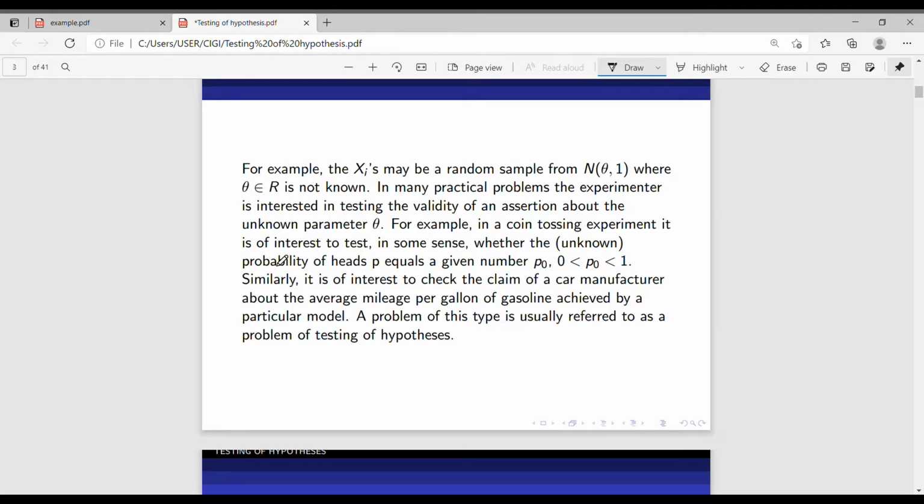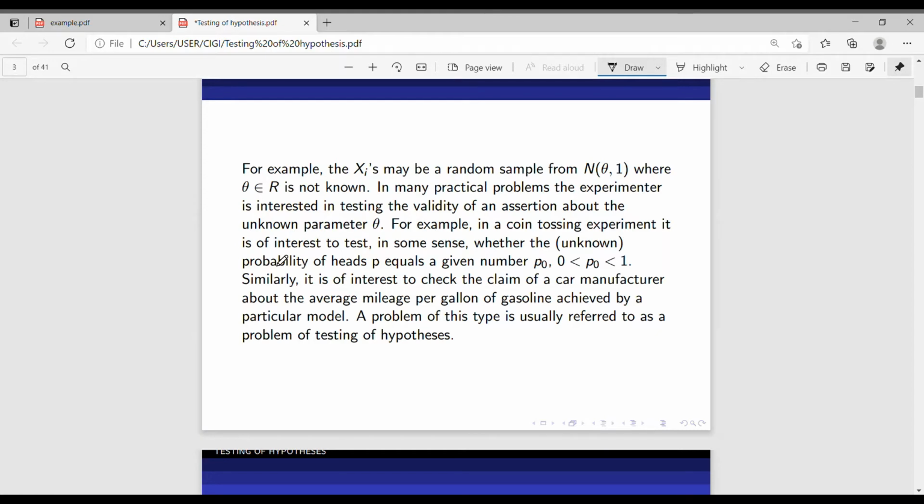So, in testing of hypothesis, we are interested in testing whether the parameter value, or in the case of the coin tossing problem, the probability of head, is equal to a given number P naught, where 0 is less than P naught less than 1, since it is a probability.